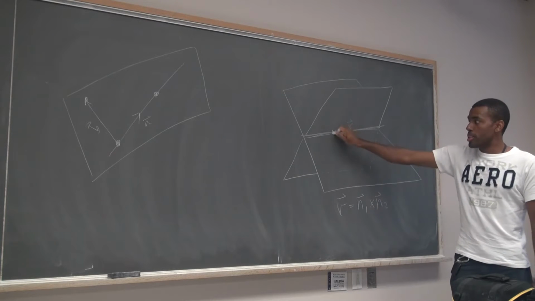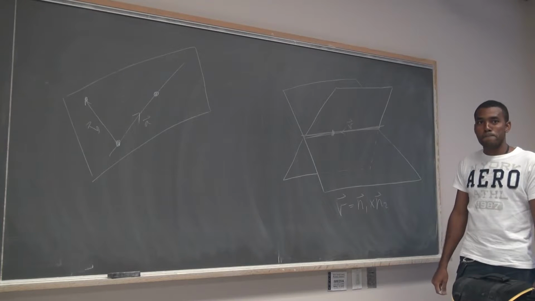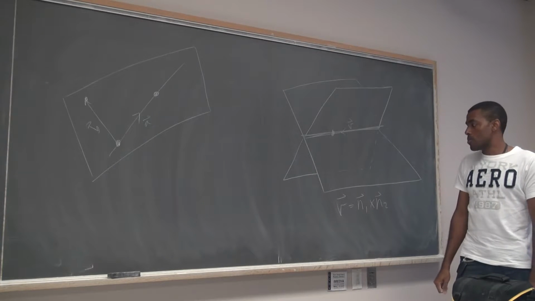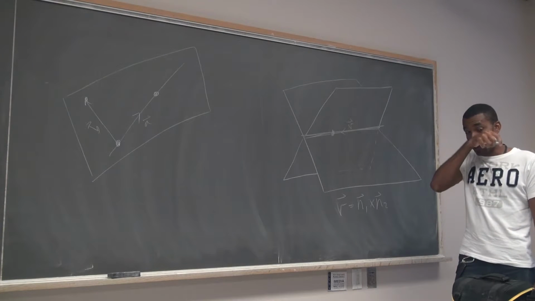How would I figure out a point? So this would give us the direction, but I need a point as well. How would I figure out a point that's in both planes?